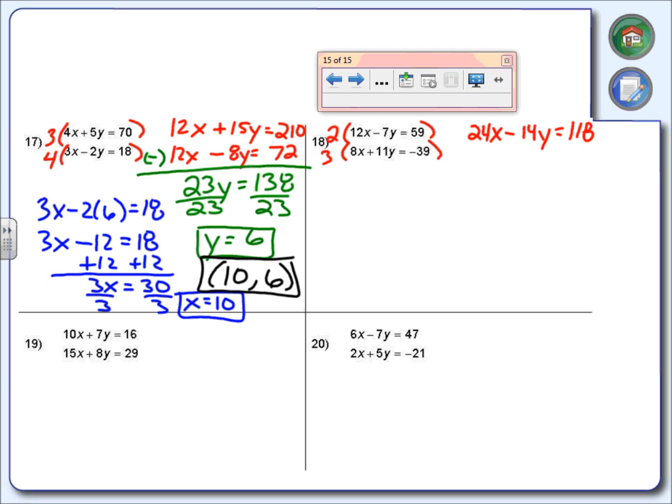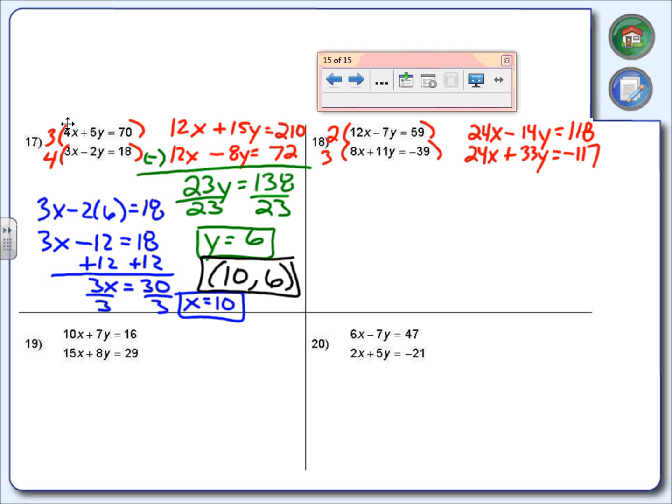Second equation, we're going to multiply it by 3. So 3 times 8x is 24x. 3 times 11y is a negative, actually it's a positive 33y. And 3 times a negative 39, put that in your calculator, 3 times a negative 39 is a negative 117.